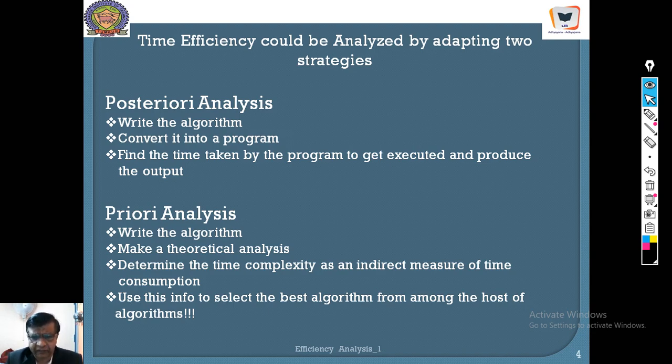Therefore, if an algorithmist has written an algorithm which is intelligent enough to run within a short duration of time, but translates it into a language like Java or any other interpreter based language, it will run slowly.